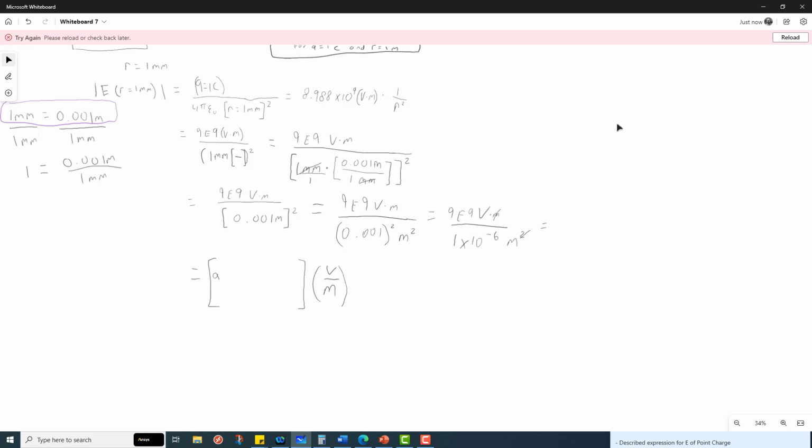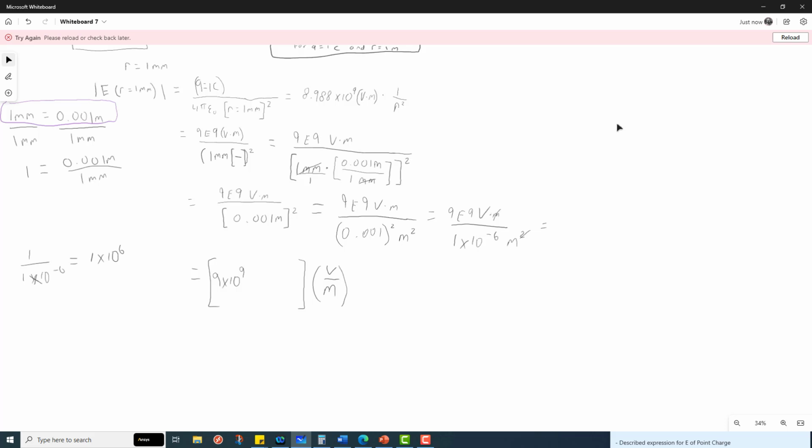Well, 9E9 in scientific notation is 9 times 10 to the 9. And instead of saying 1 divided by 1 times 10 to the negative 6, you might remember that that expression, in multiplication, is equivalent to 1 times 10 to the positive 6, right?